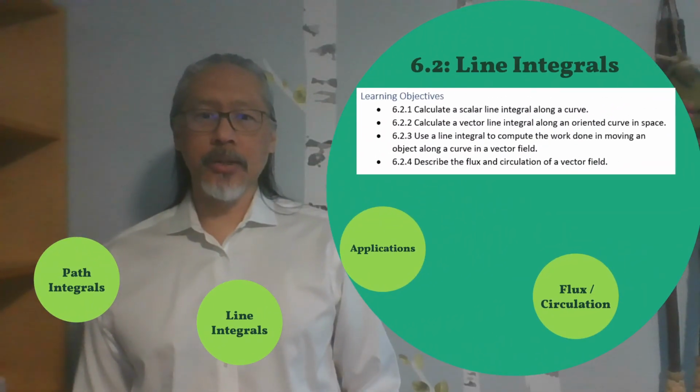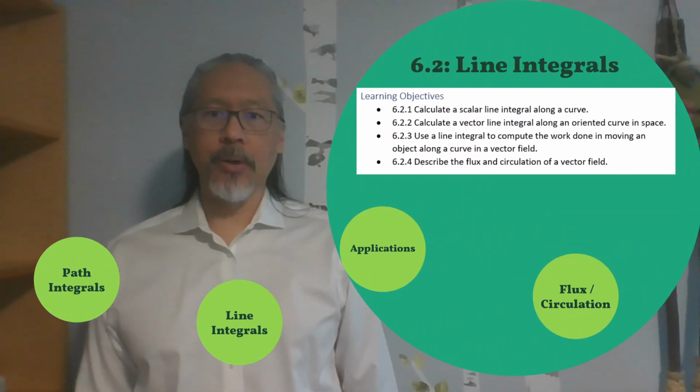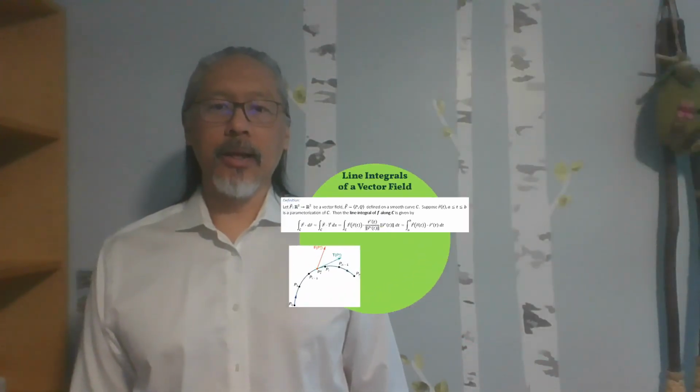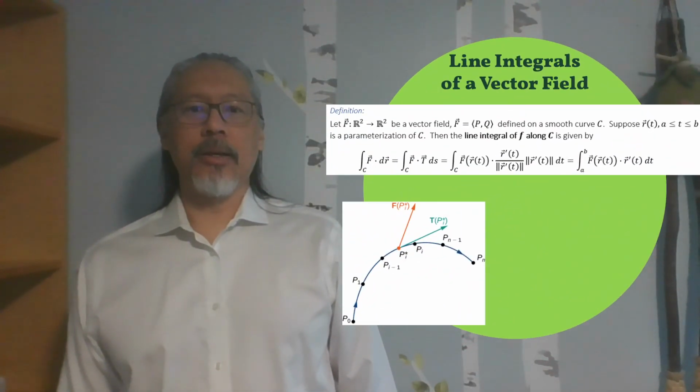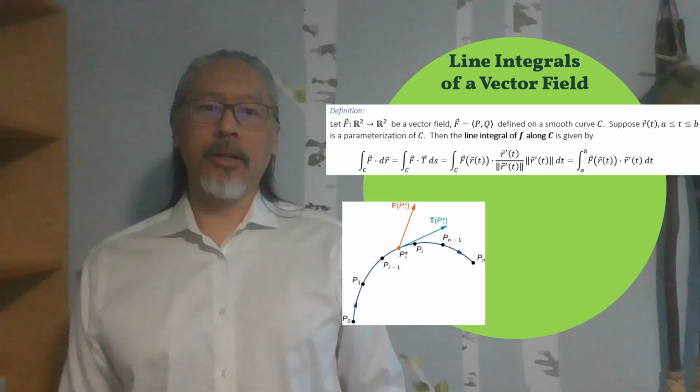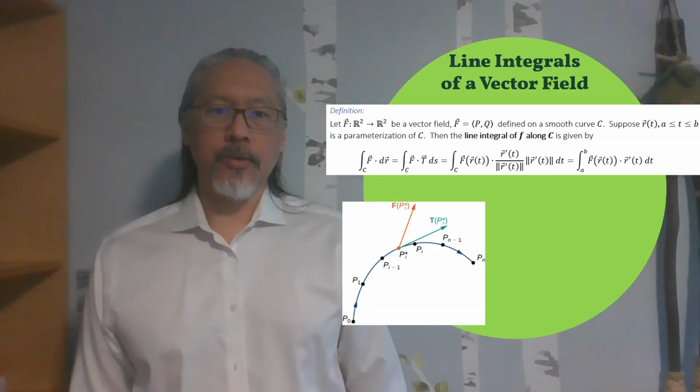Now another integral we're going to take a look at is called a regular line integral. A line integral is generally an integral where we integrate a vector field over a curve.